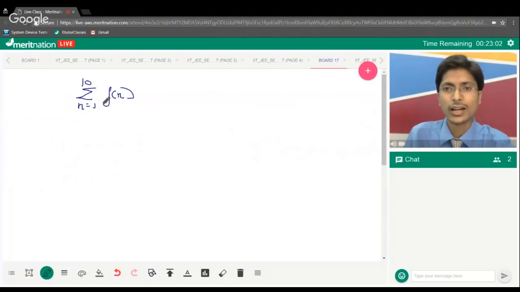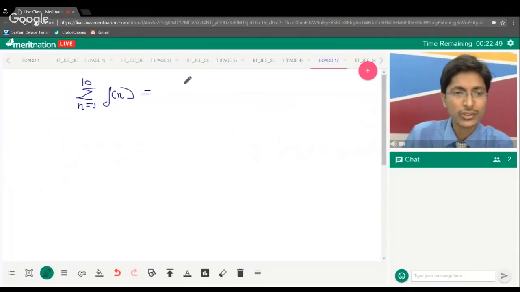Now guys, if you know this property in summation, this is the iteration variable. If it is n and if I change this to x, nothing is going to change. So it will remain as it is, summation of x equals to 1 to 10 and summation f(x).